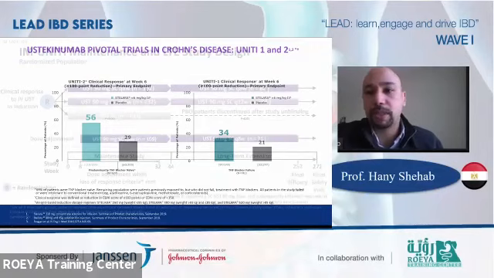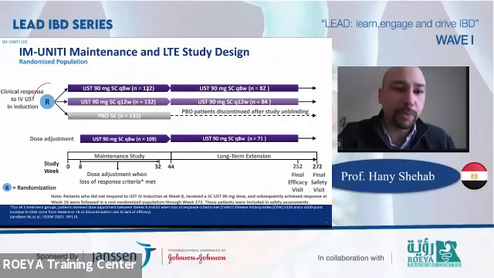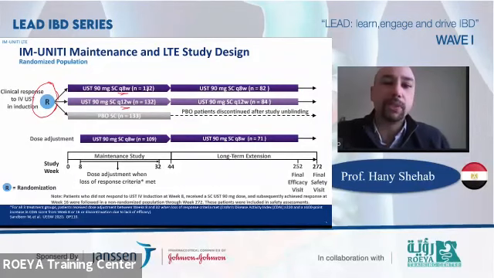So this was a really very well-designed study. It's called the Maintenance Unity Study with the long-term extension. And I think it's one of the longest studies following these biologicals in inflammatory bowel disease. So basically, they got all patients who responded in the Unity trial, and they randomized them to either every 8 weeks, every 12 weeks ustekinumab, or a placebo group.